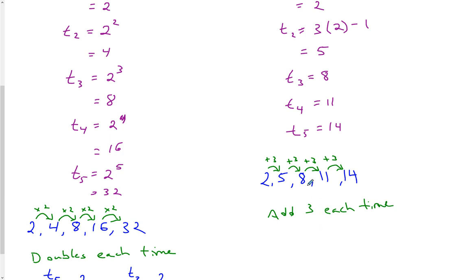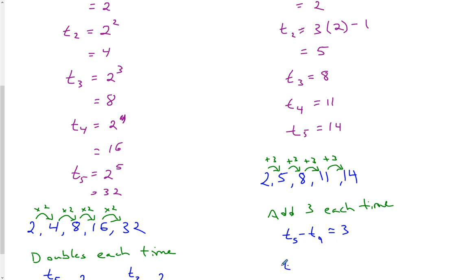Okay. I also notice that if I subtract any two successive terms, let's try my fifth term minus my fourth term, so I'm starting with the later term and subtracting the one just before it, that's going to be 14 minus 11, that's 3.